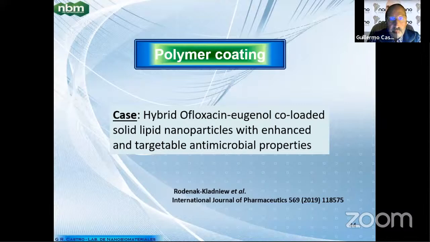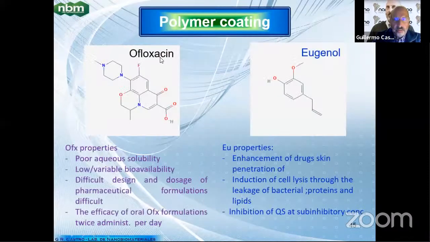So the third case is a hybrid system containing ofloxacin, which is another kind of fluoroquinolone, with eugenol. Eugenol is a natural compound that has some interesting biological activities, and we load it in solid lipid nanoparticles with targetable antimicrobial properties.